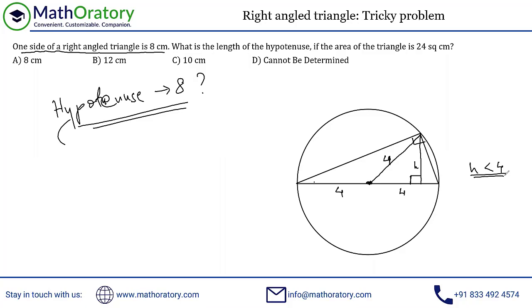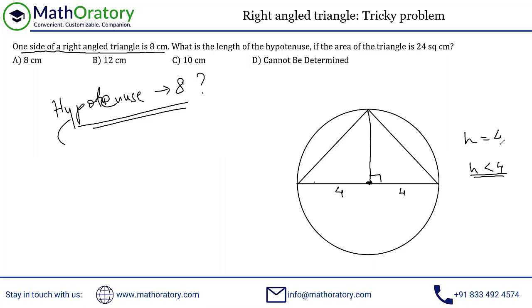Now, the special case is if I make the height equal to this 4. This is possible actually. If I have this radius itself as the height, we can have the height as equal to 4, right?